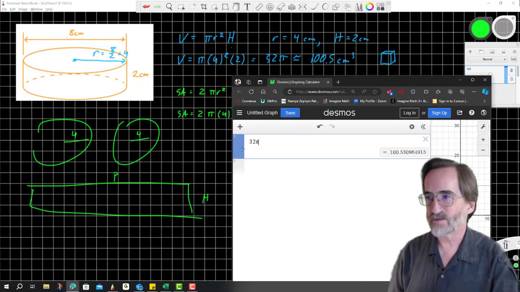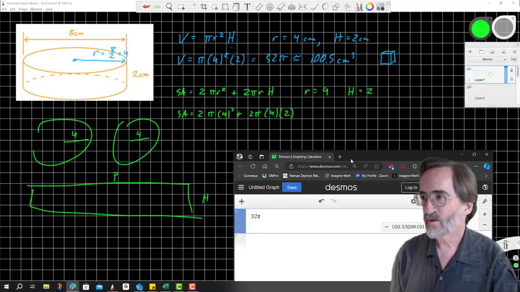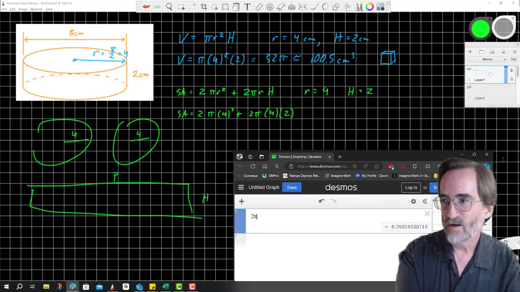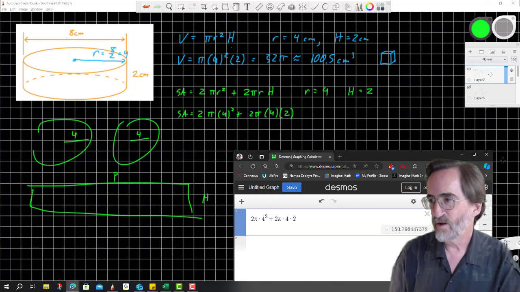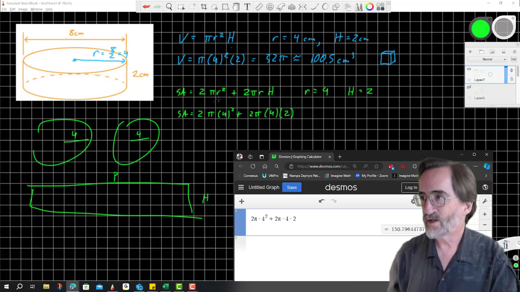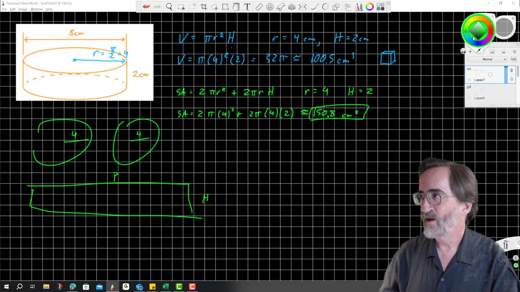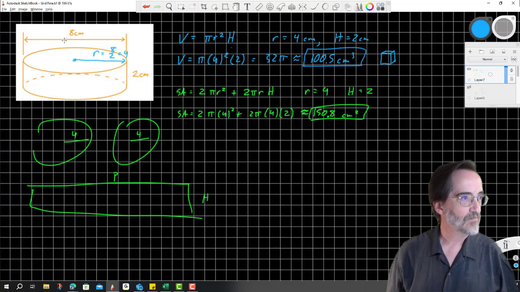Okay, let's plug that into Desmos. Two pi times 4 squared plus 2 pi times 4 times 2, and we get 150.8. And that is approximate because we did round. 150.8 square centimeters. Surface area and volume. Okay, that's question number 3.